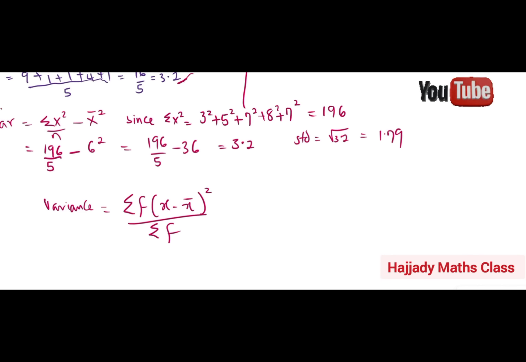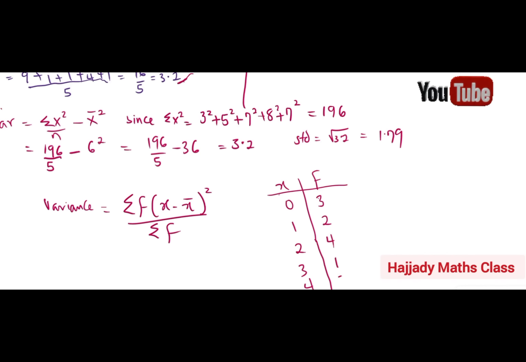So you can use this to solve this as a classwork and put the answer in the comment section. When you have x and we have f, we have x as 0, 1, 2, 3, 4, and we have the frequency to be 3, 2, 4, 1, 2.